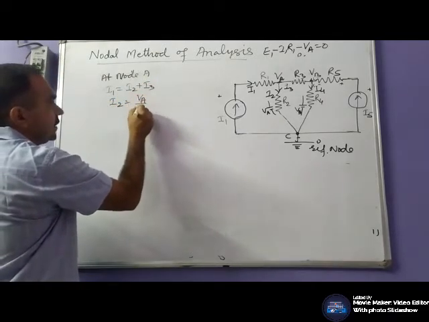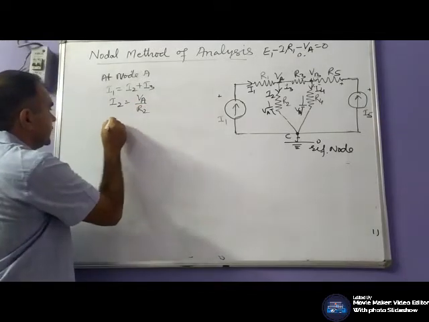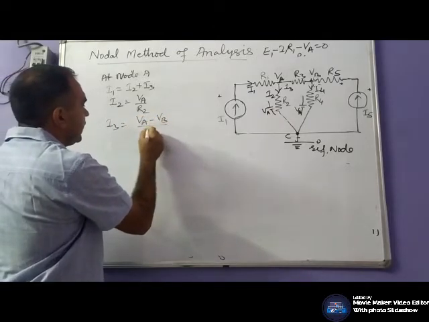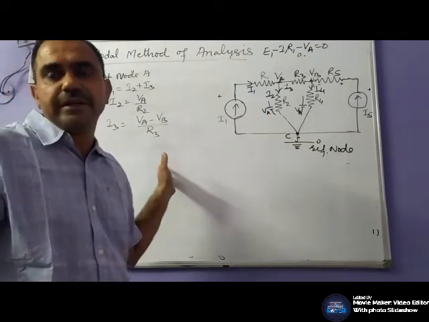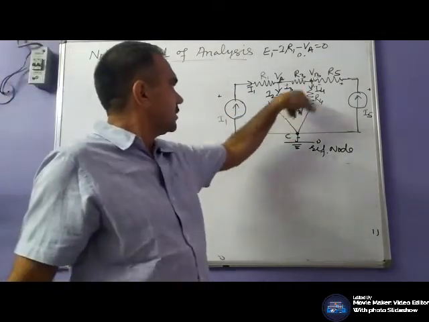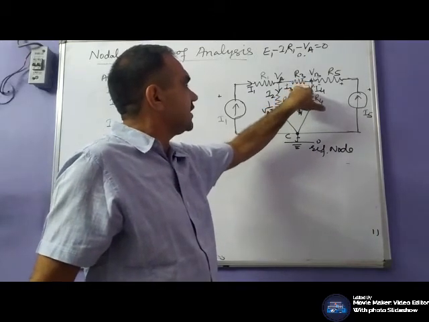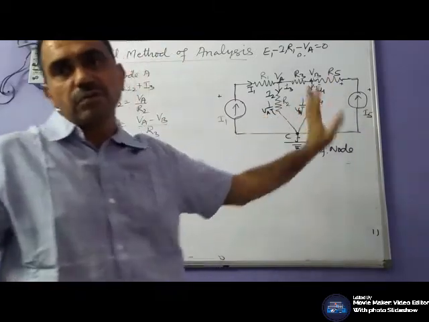VA by R2. And what is I3? VA minus VB by R3. We have already simplified it. Just apply KVL in this loop. VA minus I3 R3 minus VB is equal to 0.